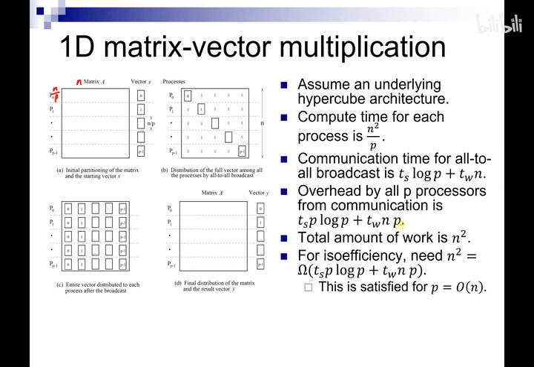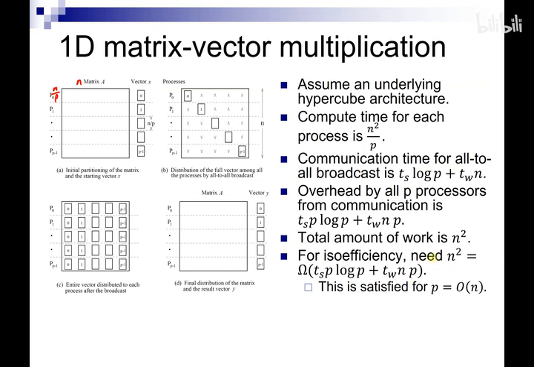So this is our communication overhead for p processors, and this is our total amount of work for p processors. If we want to achieve this isoefficiency criterion, so we want to maintain the same level of efficiency even as the number of processors grows, then we need this computation here to increase at least as fast as the overhead here.